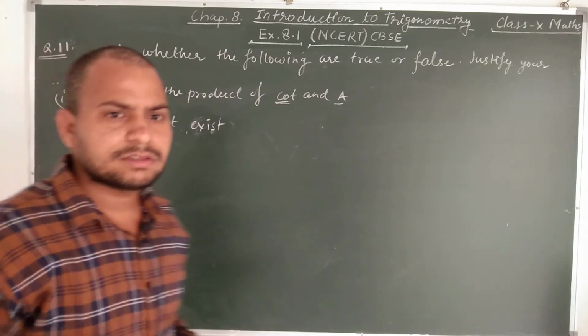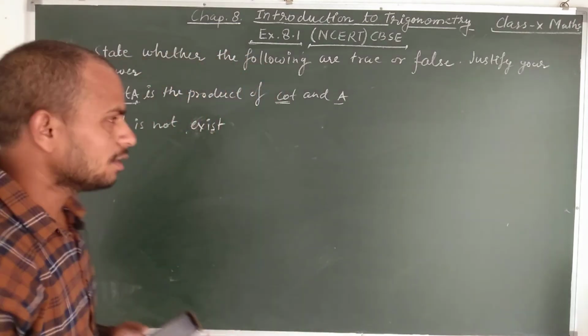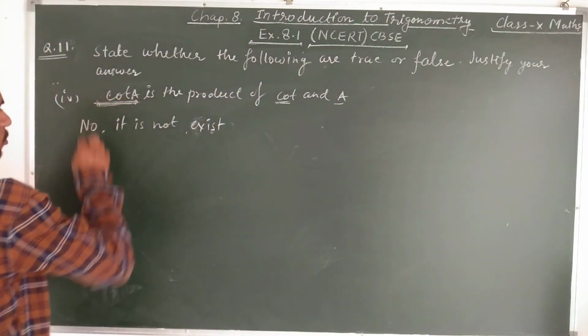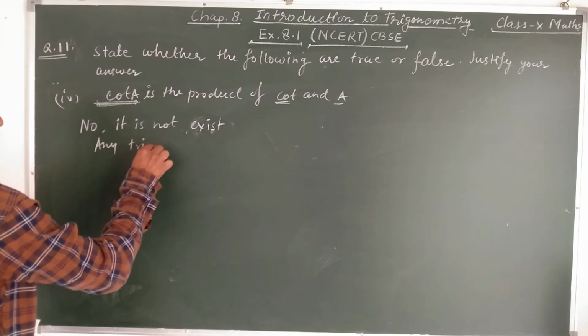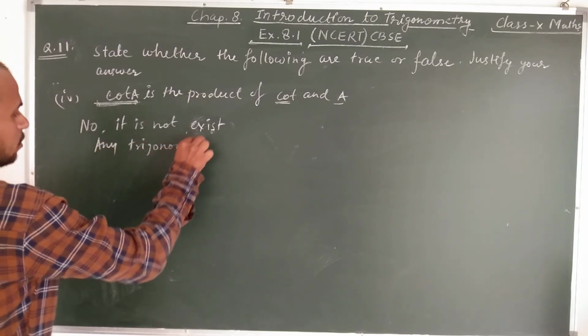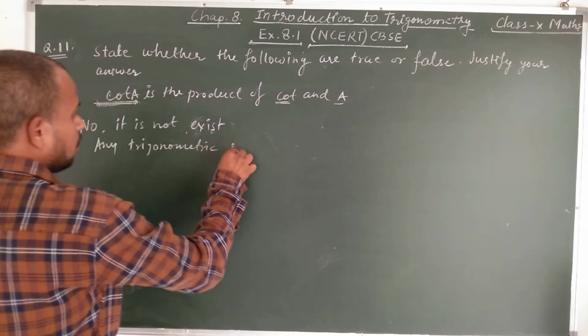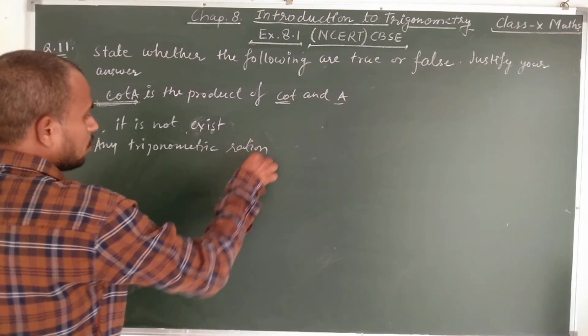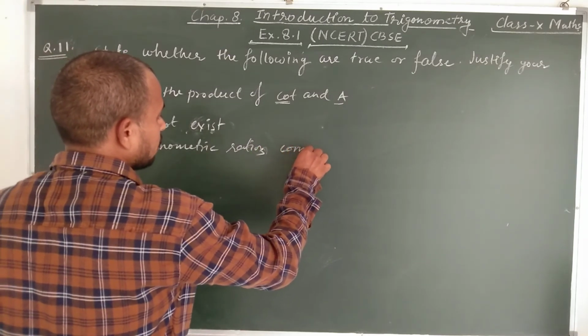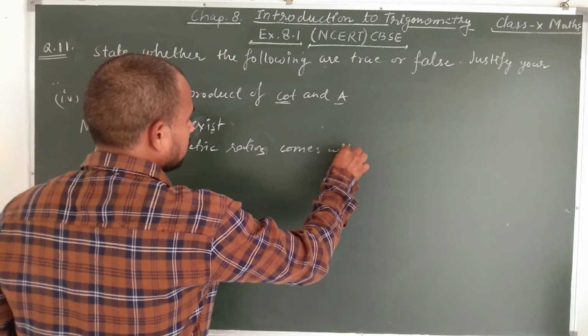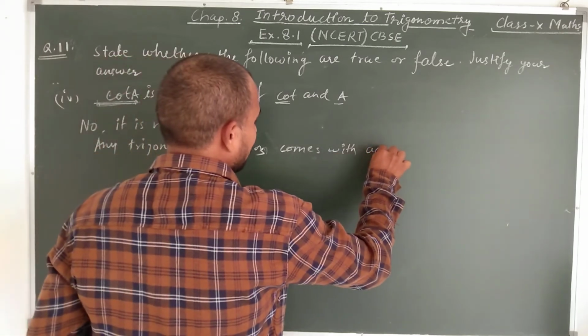cot always comes with angle A, with an angle. Any trigonometric ratio comes with an acute angle.